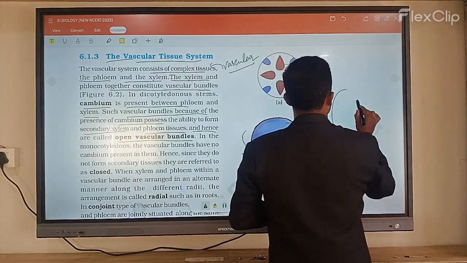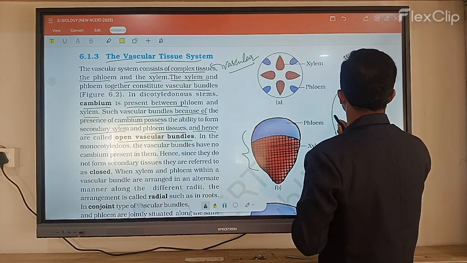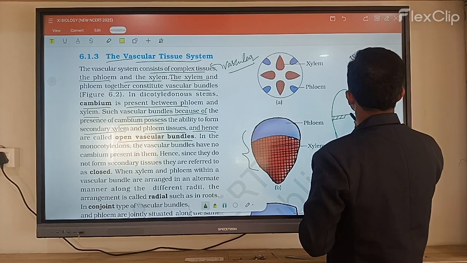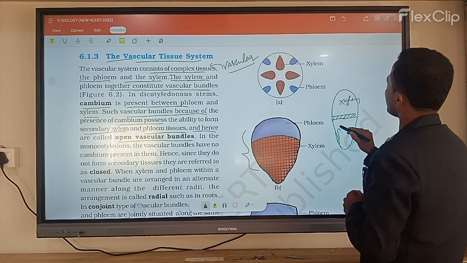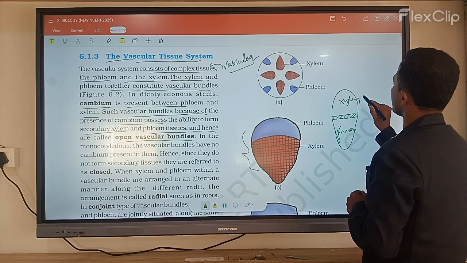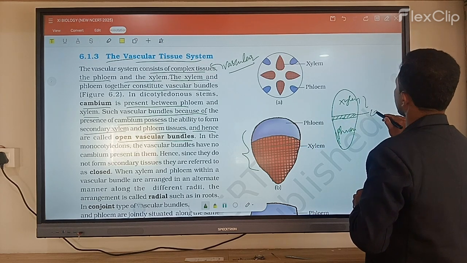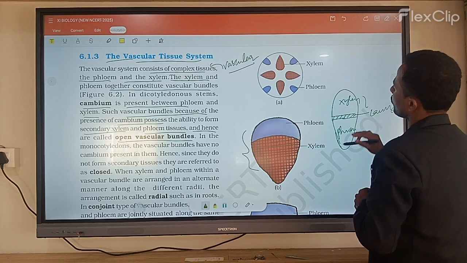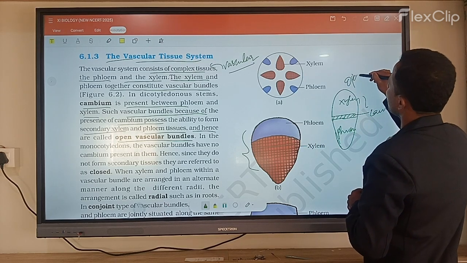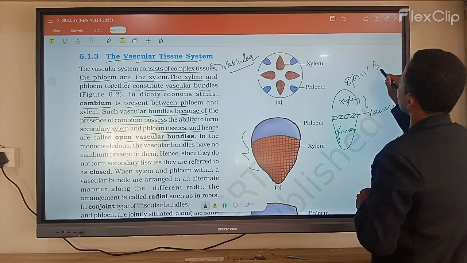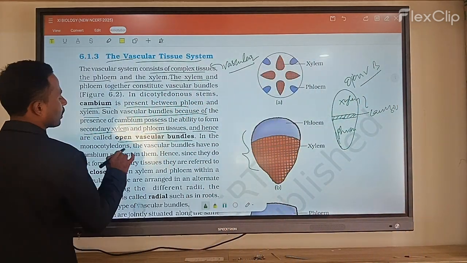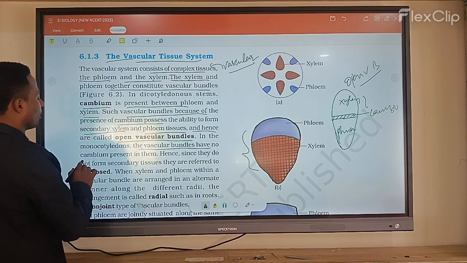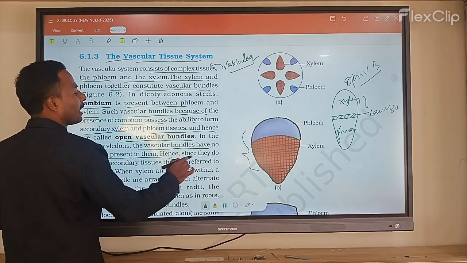Here the xylem is present, and here the phloem is present. Xylem and phloem are separated by the cambium. Such a vascular bundle is called the open vascular bundle.